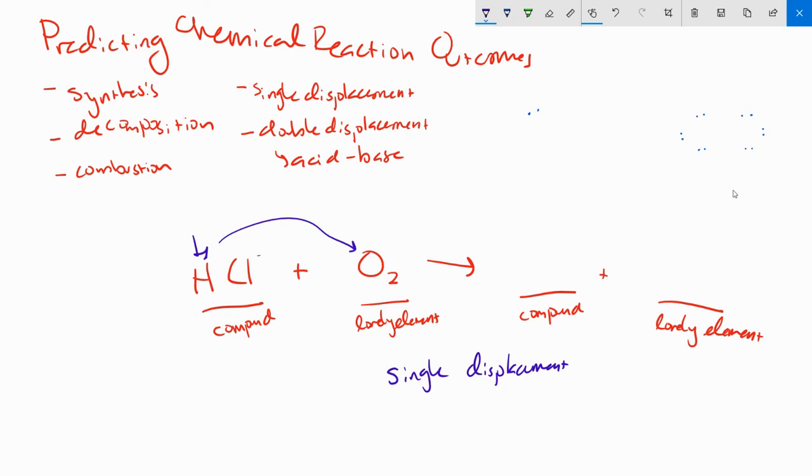We know the chlorine is going to be by itself. So we know it's chlorine, and we know from previous experience that it's going to be chlorine bonded with chlorine, and it's just Cl2. But then we have some sort of combination of hydrogen and oxygen. And there are lots of options, and we don't know which one it's going to be. It could be H2O, or it could be H2O2.